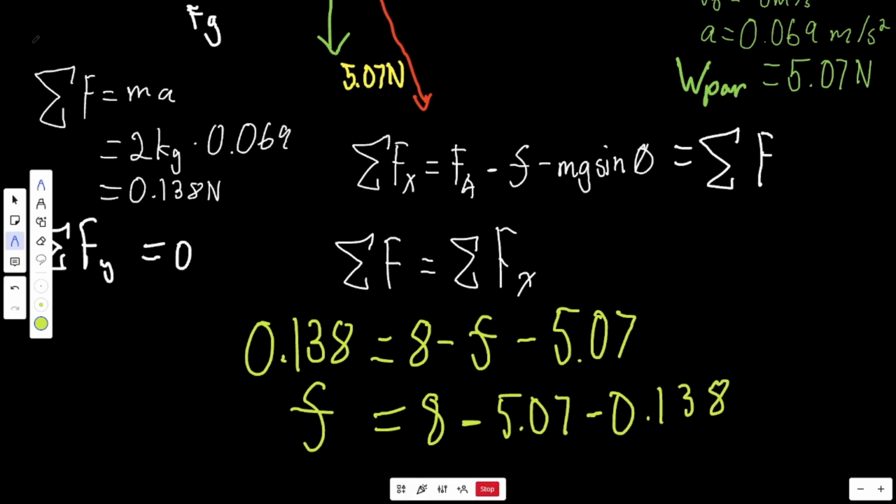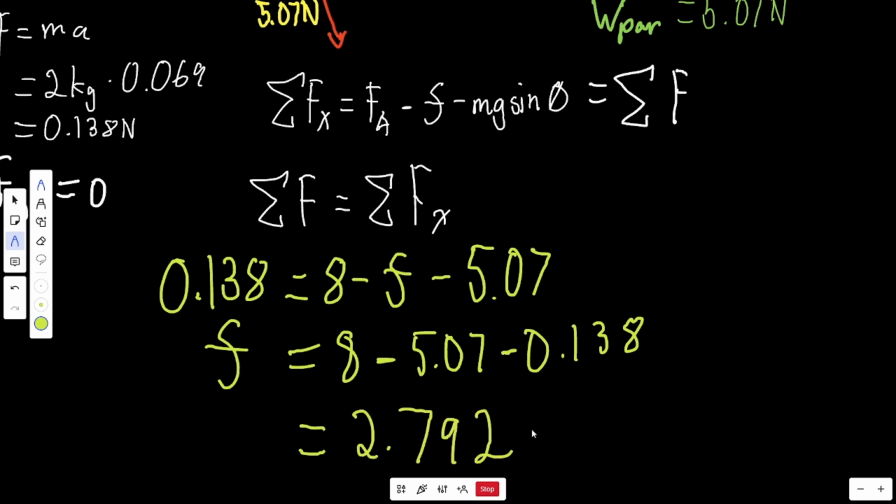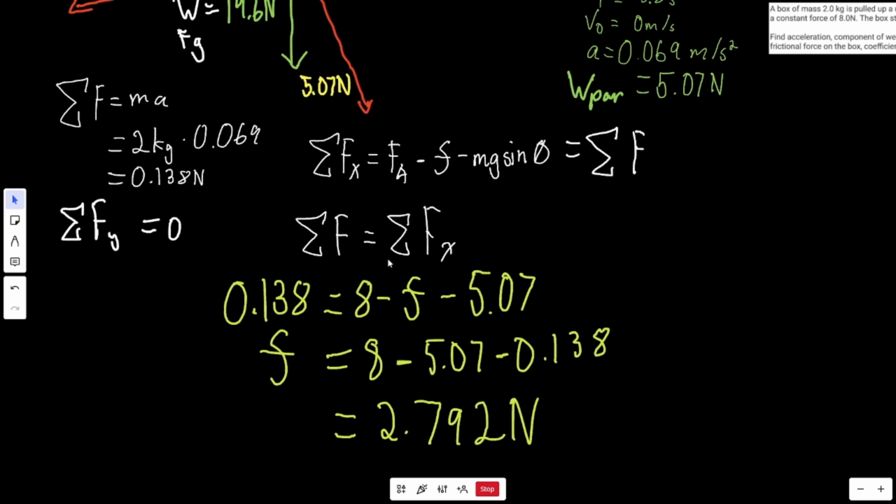And this should now get us an answer of, hold on, let me put it into my calculator. 8 minus 5.07 minus 0.138, that's 2.792 newtons. So we now know that the magnitude of our friction is 2.792 newtons.